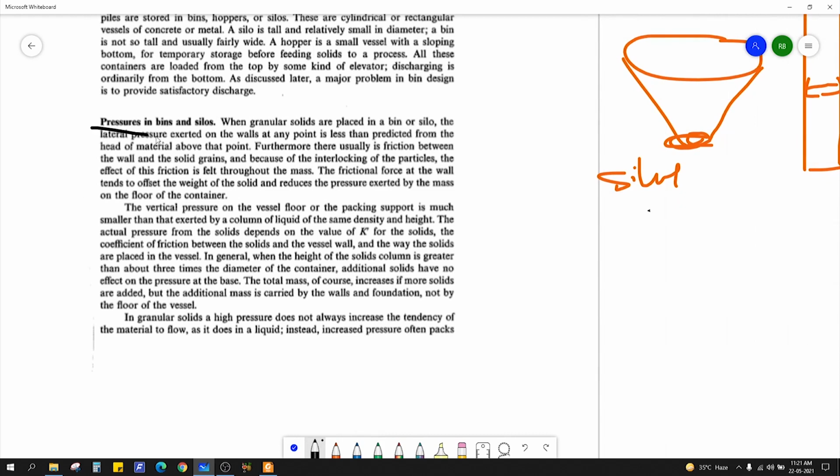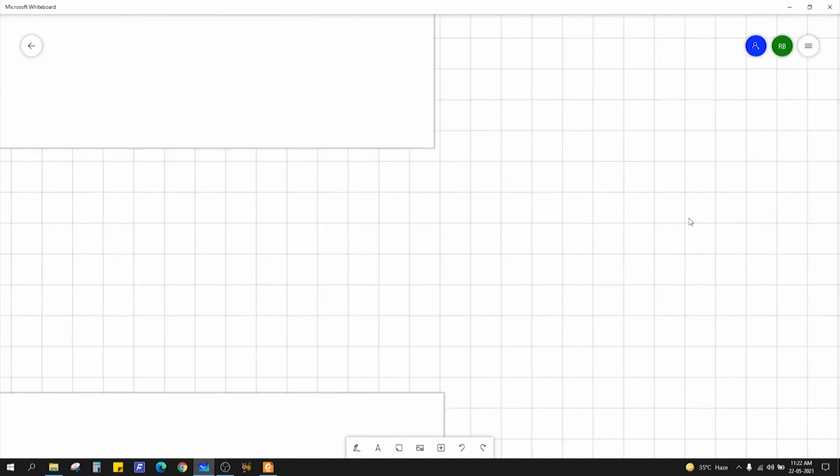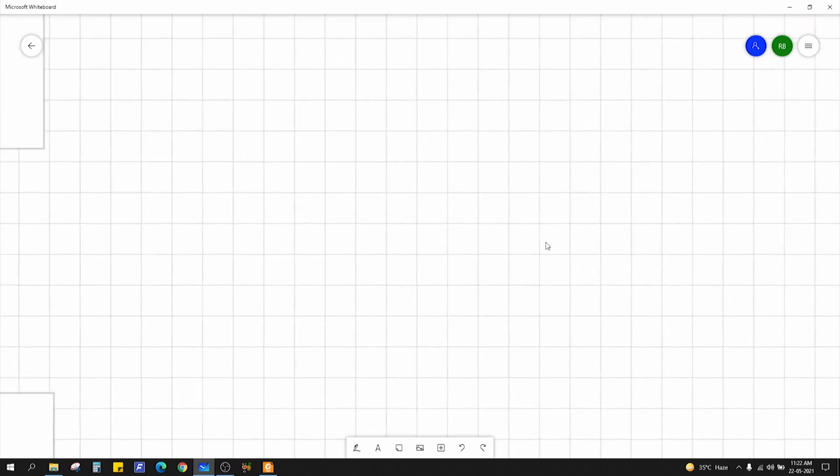What happens if you store solids in bins and silos? What will be the pressure? You can read about the criteria on this side.